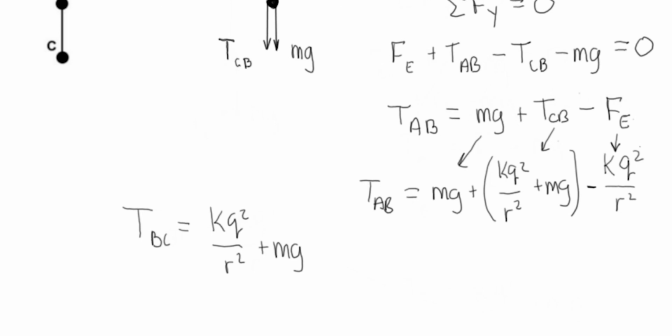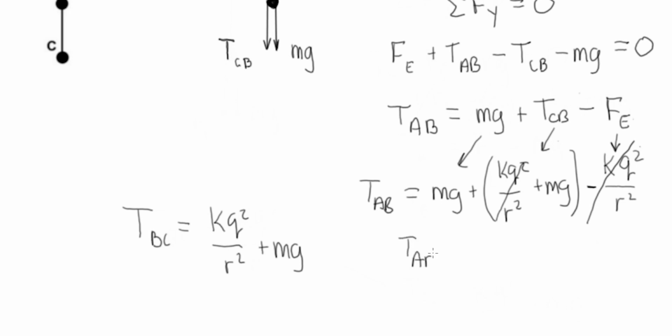Now this equation will simplify a great deal, because if you look, we have kQ squared over r squared minus kQ squared over r squared. So all the electrical force, actually in this case, we don't have to worry about it. Okay, it completely cancels.